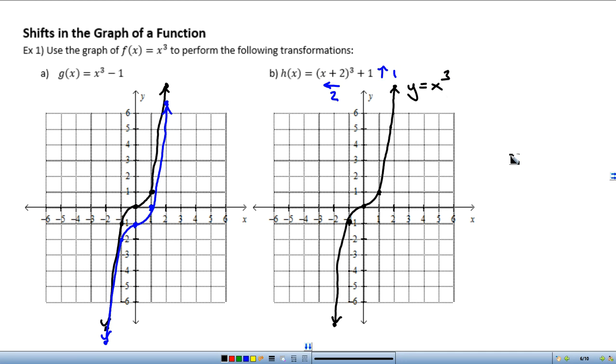Now what I'm going to do is do my shifts: shift 2, up 1. Shift 2, up 1. Shift 2, up 1. So my graph is going to look like that.